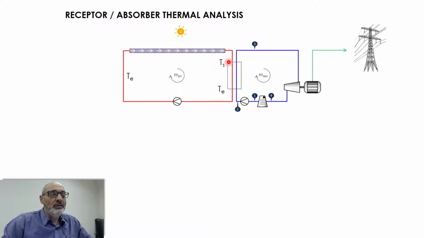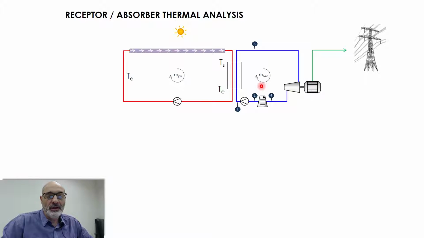Then it releases heat to the secondary, so it cools down to TE. So the primary cycle, the fluid is cycling here. It does only this. Of course, the actual system is a little bit more complex than this, but for our analysis here, this is okay. So the primary is simply like this, from TE to TS, then to TE again. We're going to be cycling like this.